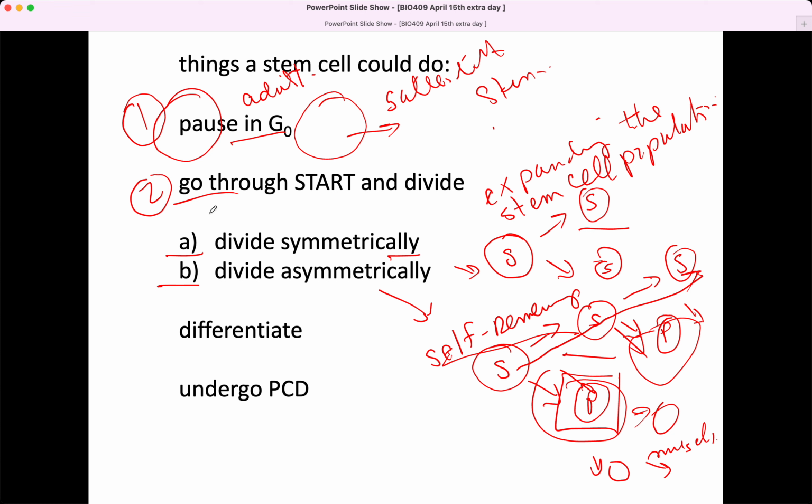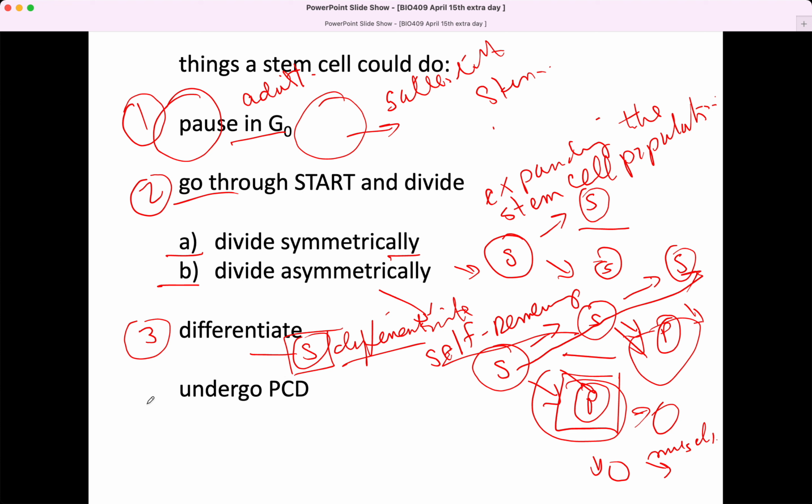So that's 1, 2, 3. Then a stem cell itself can just directly differentiate. So the stem cell can just differentiate, and it can differentiate into a specific cell type. And that can be done by stimulating the cell to differentiate. So without dividing, it just differentiates into a final cell type.